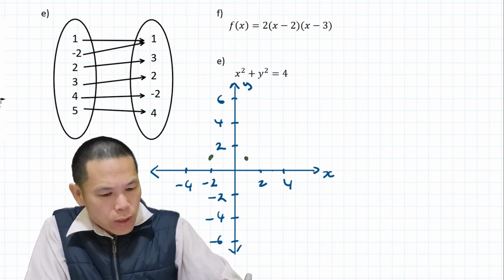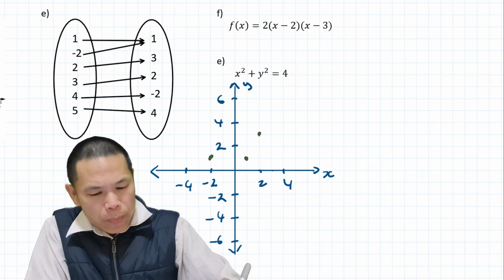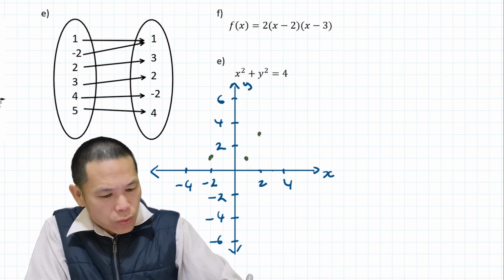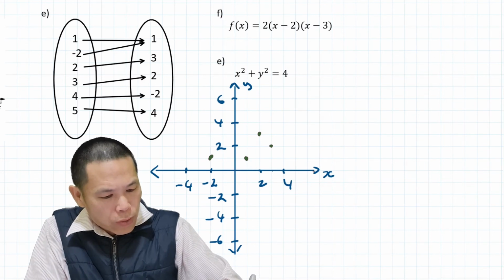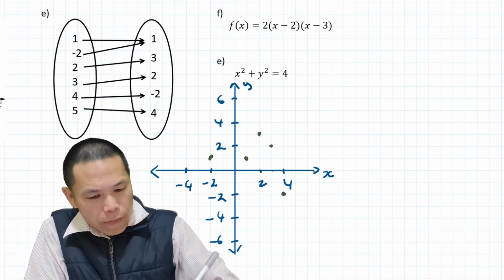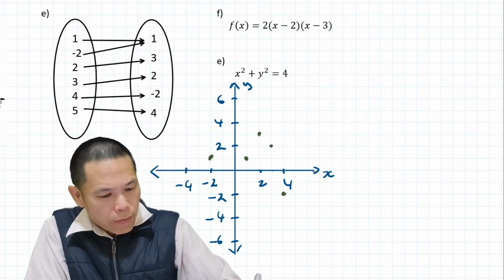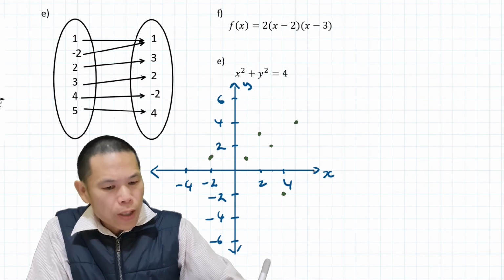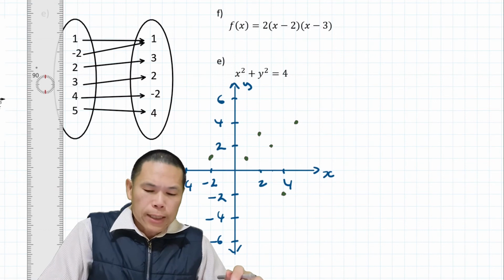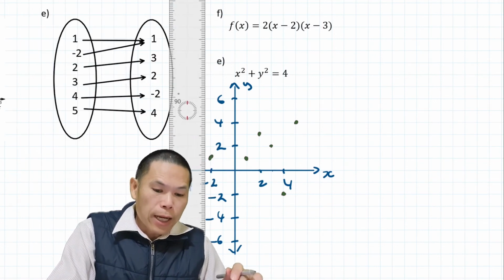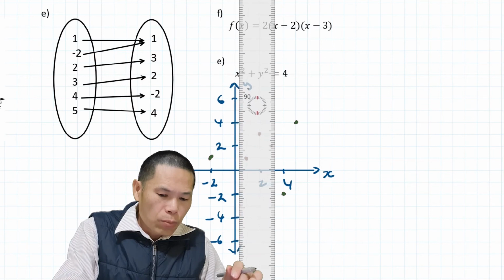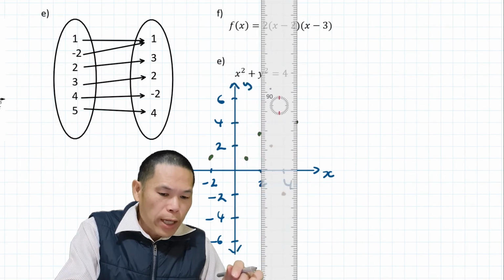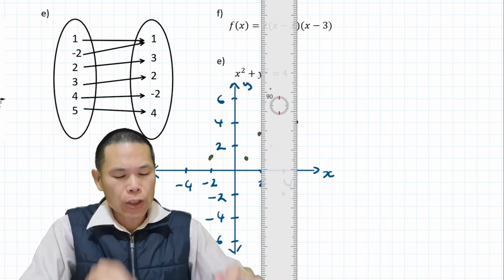And then 2, 3. So 2, 3 up here. And we have 3, 2. So 3, 2 is here. Then we have 4, negative 2. 4, negative 2 here. And we have 5, 4. So 5, 4. There you go. Vertical line test. It doesn't cut the point twice. Okay, so there you go. Can you see? It doesn't cut any 2 points. Only cuts 1 point at a time. So therefore, it is a function.